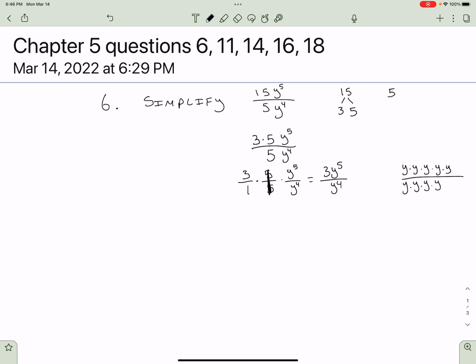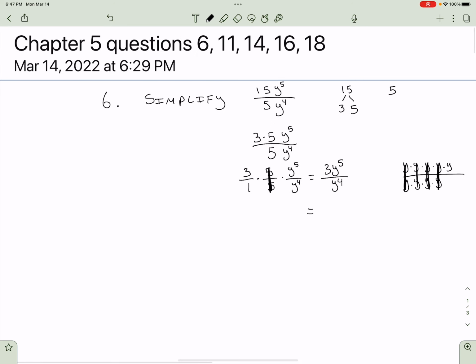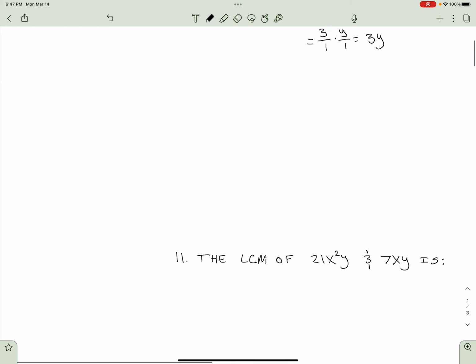So y over y is a 1, and y over y is a 1, and y over y is a 1, and again, another 1. Just leaves us with a y in the numerator. So this is like saying, which I can just rewrite as 3y. And that's the solution for 6. Let's look at 11.